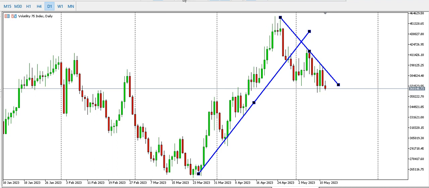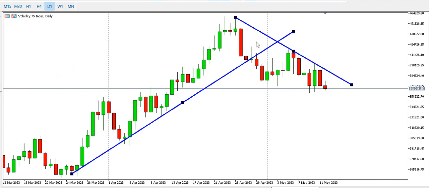But now we are having a retracement or a reversal. Retracement in the sense that we are seeing the characteristics of a bearish structure: this is a high, this is a low, we have a lower high, now we are having a lower low. So that's starting a bearish trend.